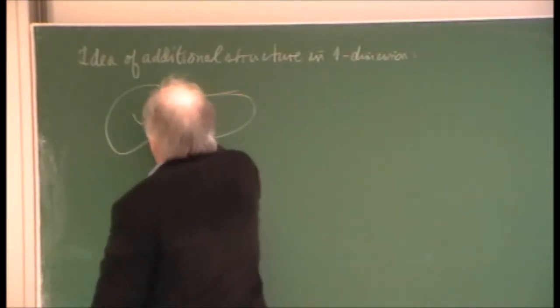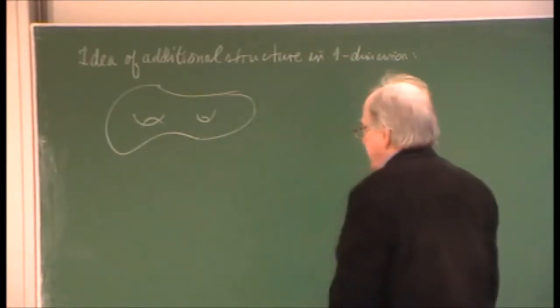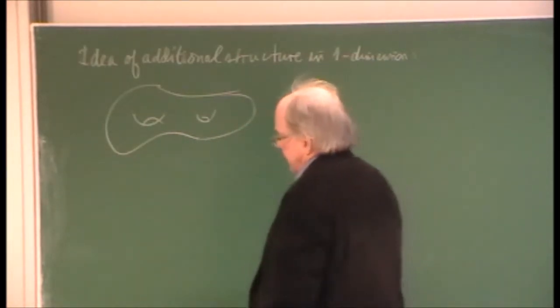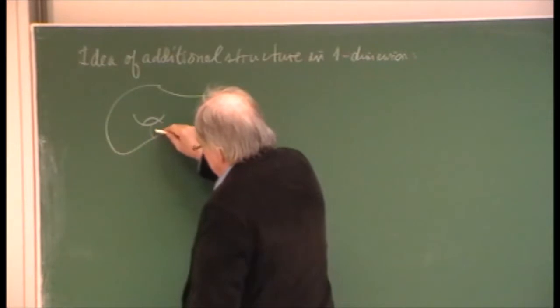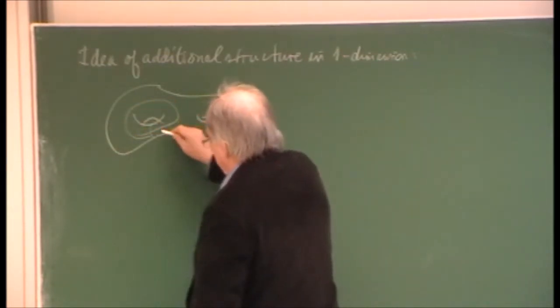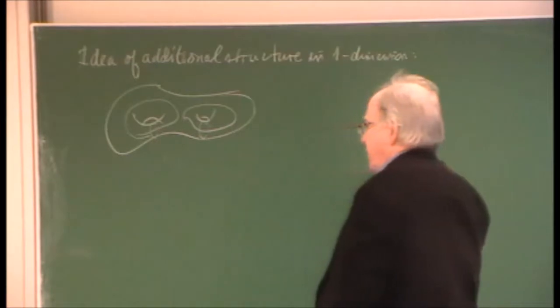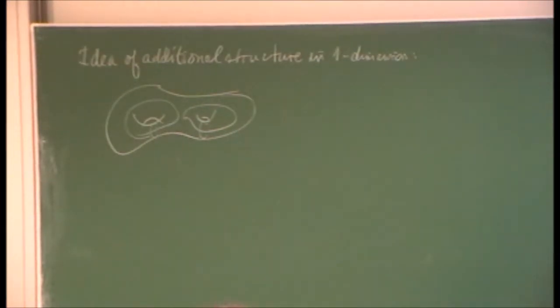If you take a Riemann surface, genus 2 for example, then of course you have a basis of the fundamental group, maybe this. I draw them not at different base points, maybe it's bad to do that. You have 4 generators of the fundamental group.